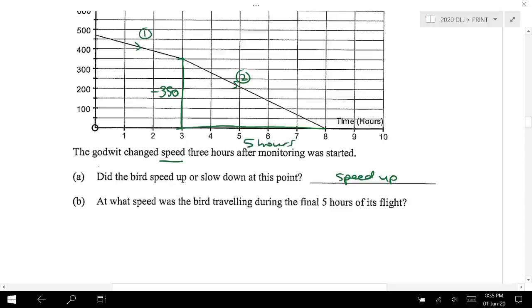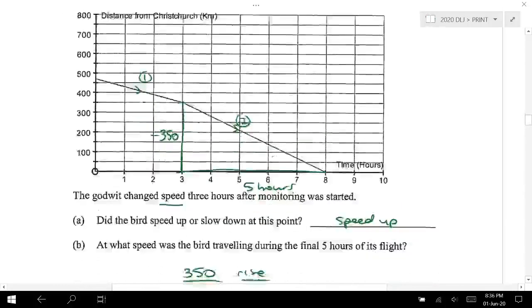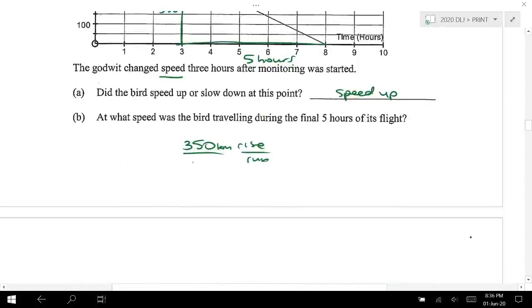So it travelled 350, rise over run, over 350 kilometers, was it? Or meters? Yeah, kilometers over 5 hours. I'll actually just drop that on the other side. That's going to be 70 kilometers per hour.